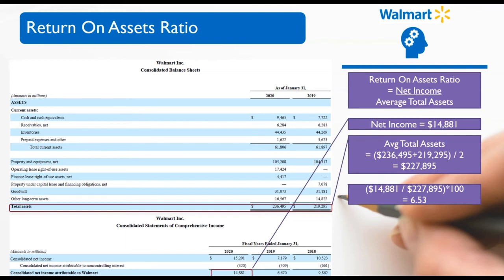As compared to Amazon's return on assets of 5.97, we can see that Walmart is able to generate a slightly higher return at around 6.53 on its assets. In simple terms, Walmart is actually more efficient than Amazon in terms of its ability to generate income from its existing assets.